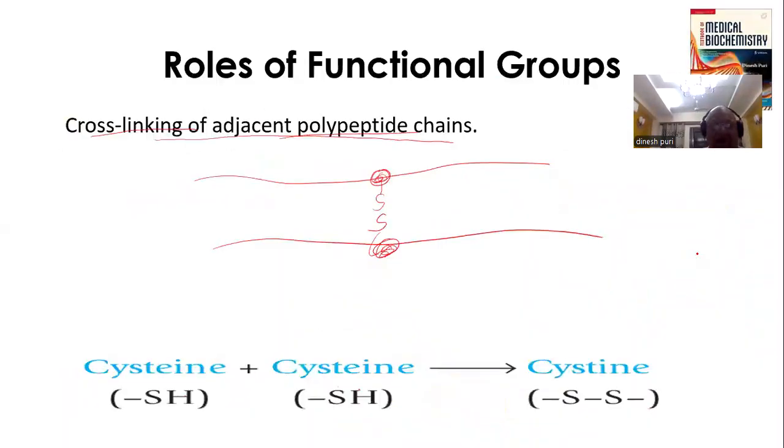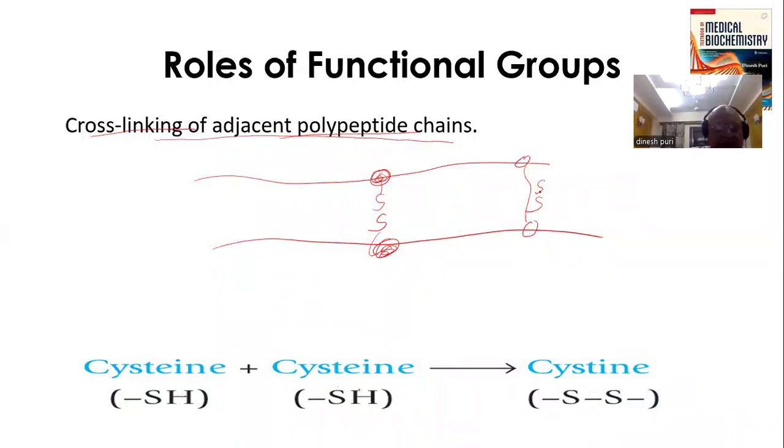So what is the role of this? What is the purpose of this? Formation of a covalent linkage stabilizes the structure. It provides strength to the structure. So appropriately placed cysteines can form disulfide linkages, which are important for stabilizing the polypeptide structure.